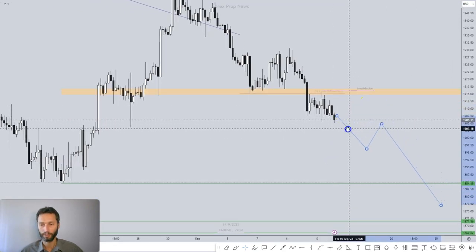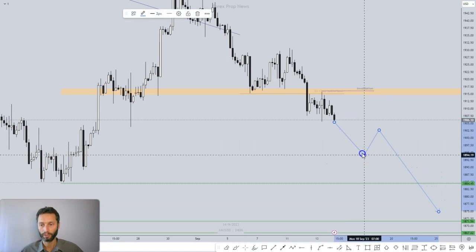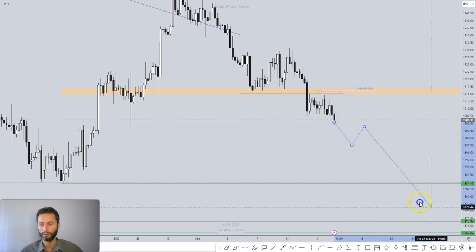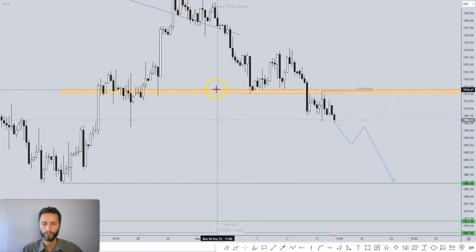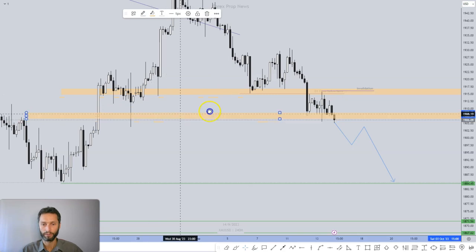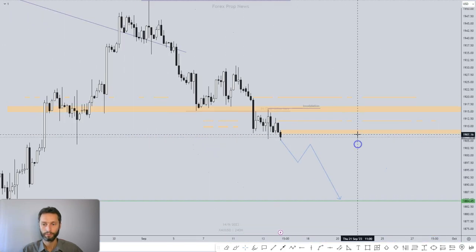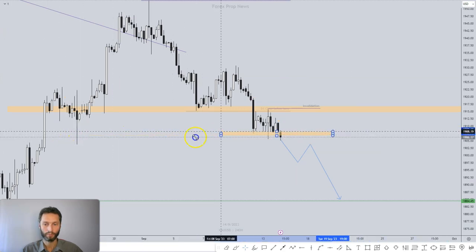And now that we're looking to head lower, once we break with conviction through this low, then the next idea would be the following swing. So the swing after that would be this possibility.